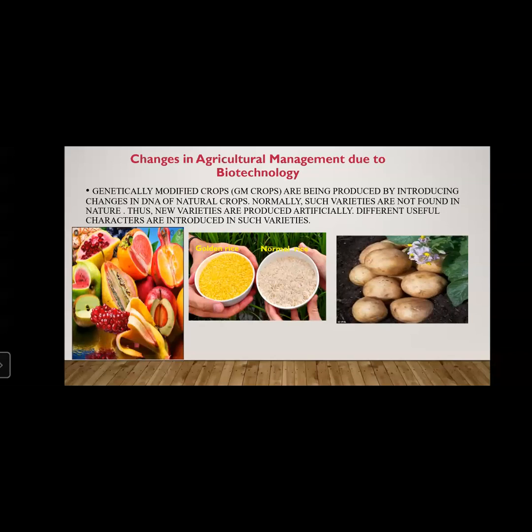Then shelf life of certain vegetables can also be improved by genetic modification so that they can be stored for a longer period of time. Hence, genetically modified crops are used to improve nutritive value and to decrease loss of crops.